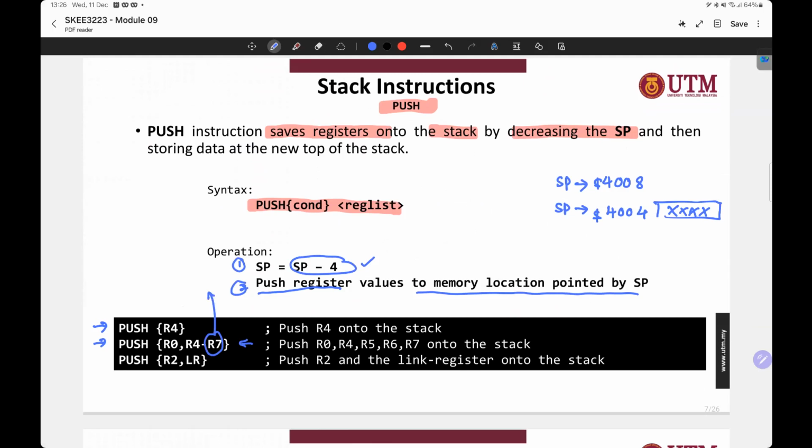So for example, in this case here, I'll give you an example. Assume this is your stack pointer. This is a stack memory.